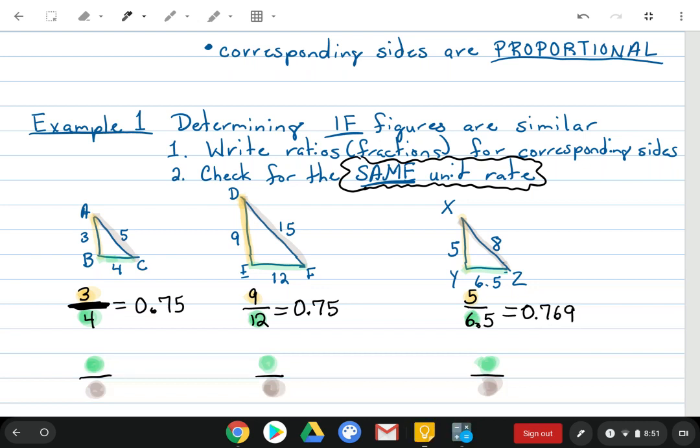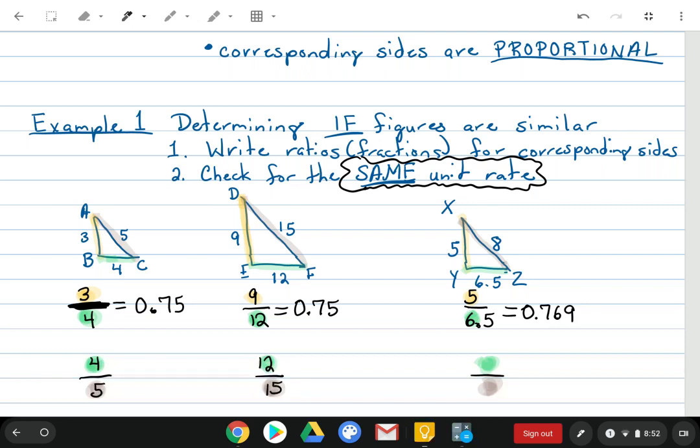Okay, so now let's check the green side and the brown side. So for triangle ABC, I'm writing the fraction of 4 over 5. For triangle DEF, I'm writing the fraction of 12 over 15.